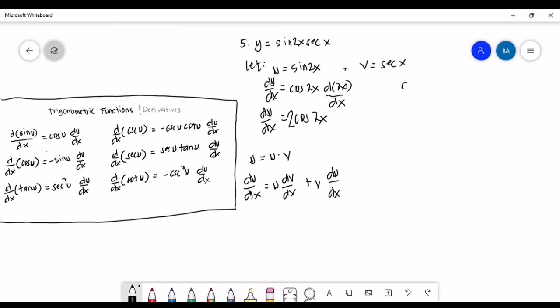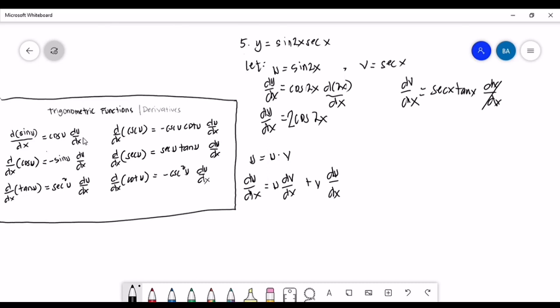To solve for the dv dx, the derivative of secant x is just secant x tangent x times the derivative of x with respect to x. We must stop there because we are already at dx over dx. At this point, just observe the difference: we used cosine 2x and then the derivative of 2x, which is 2.